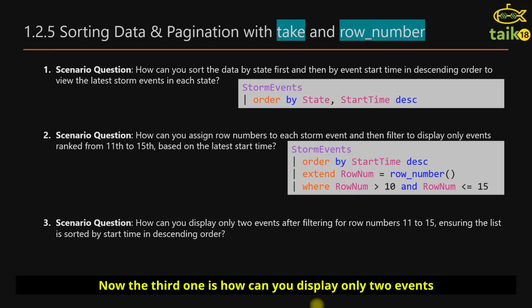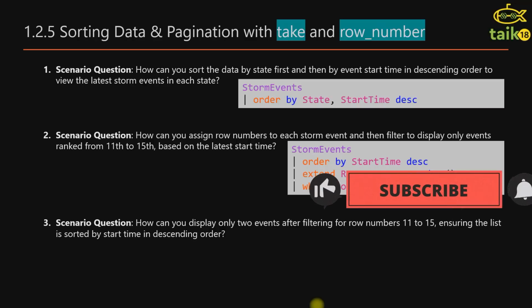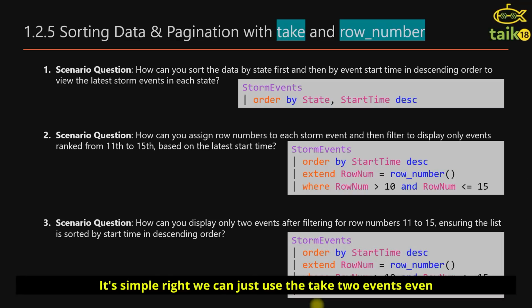Now the third one is, how can you display only 2 events after filtering for row number 11 to 15, ensuring the list is sorted by the start time in descending order? For this, it's simple, right? We can just use take 2 after sorting and filtering by 10 to 15.